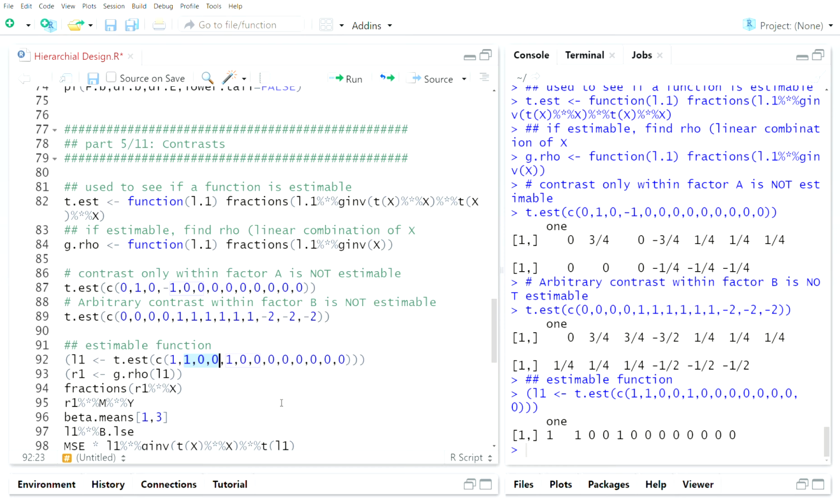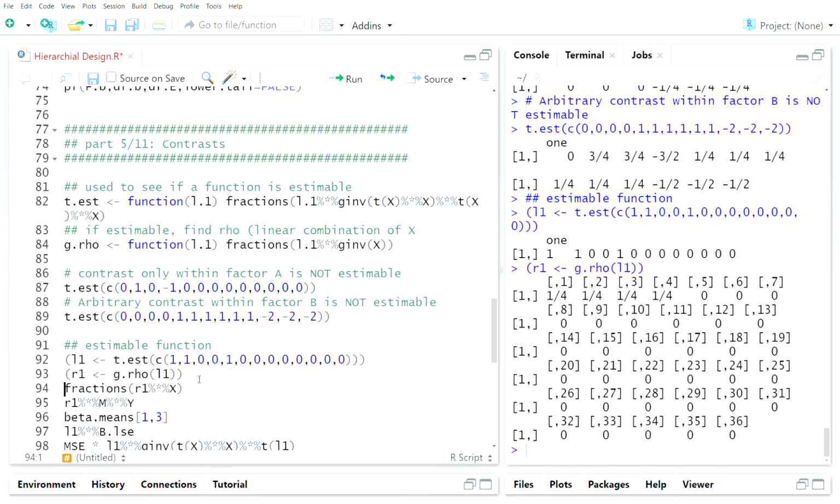So we pick one of those, and then since it's the first one, we have to pick one of the beta parameters that is nested under that level of factor A. And that's what we do here. And you can do that for any of those combinations. So pick alpha 2, and then you have to pick one of the beta parameters that are nested under that alpha. Now R1 is the row needed to generate that lambda back.